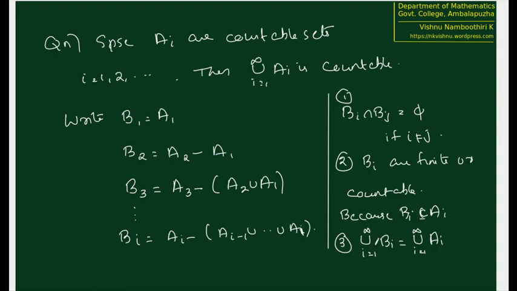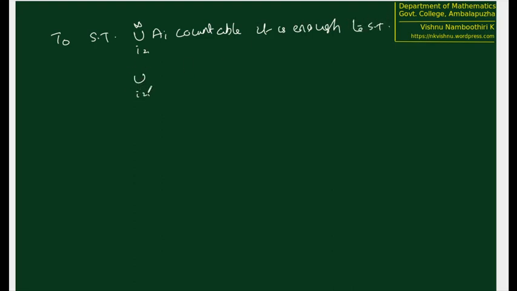Therefore union i 1 to infinity Bi is equal to union Ai. Therefore these three properties are satisfied by the Bi's. Therefore to show that union i from 1 to infinity Ai is countable, it is enough to show that, for the newly constructed sets, union i from 1 to infinity Bi is countable.